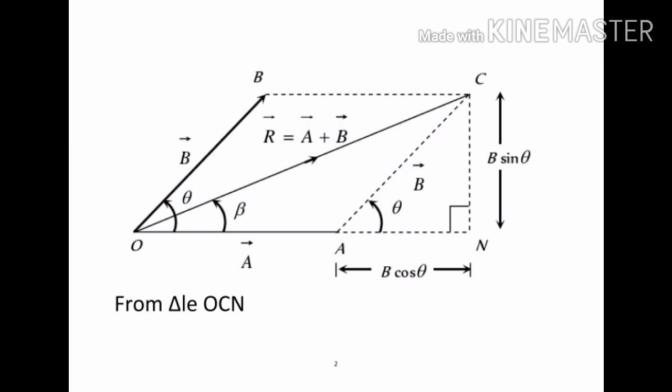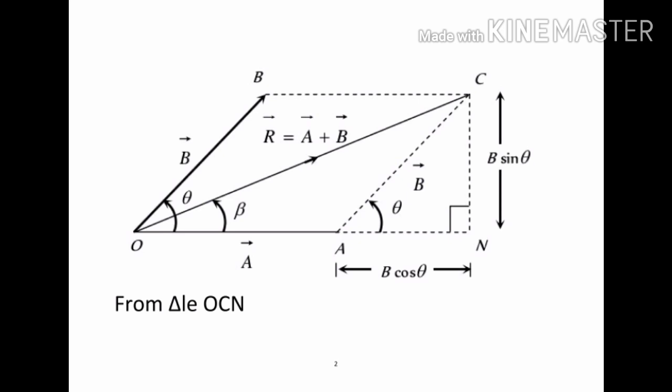Then we complete the parallelogram OACB, and to get a right angle triangle we draw the perpendicular from C, taken as CN, and A bar is extended, so you can get AN, and you get triangle OCN. In this case theta indicates the angle between A bar and B bar, and beta is the angle made by the resultant with A bar.